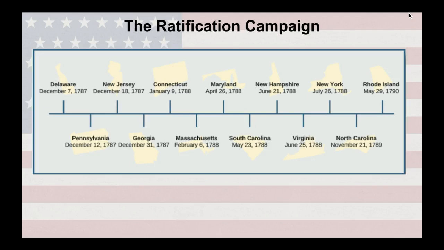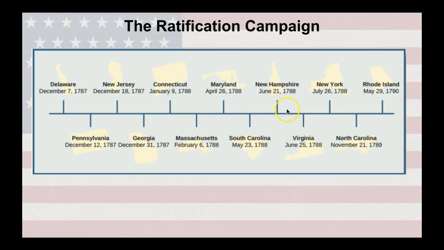This gives you an idea of where and when the different states approve it. Delaware is going to be the first. Then you've got Pennsylvania, New Jersey. Then you have Georgia, interestingly enough, Connecticut and Massachusetts, Maryland, South Carolina, New Hampshire.